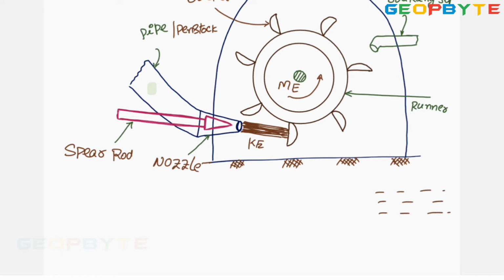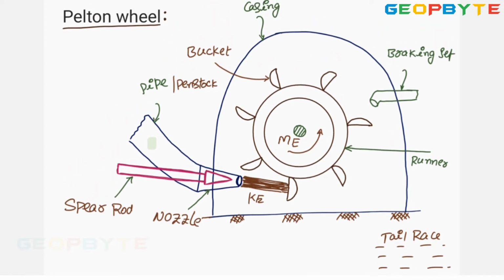That exit passage for carrying the water from the turbine is called the tail race. As I told you, this casing does not do any hydraulic function, but it is controlling the spreading of water.